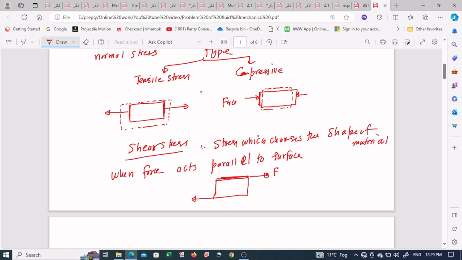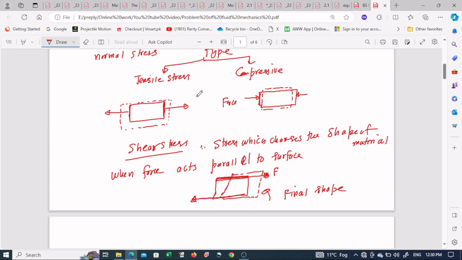For example, when we apply the force parallel to this surface, this body will tilt, its shape will change, it will be deformed. So this is the final shape. We are deforming the shape. So this is the shear stress.